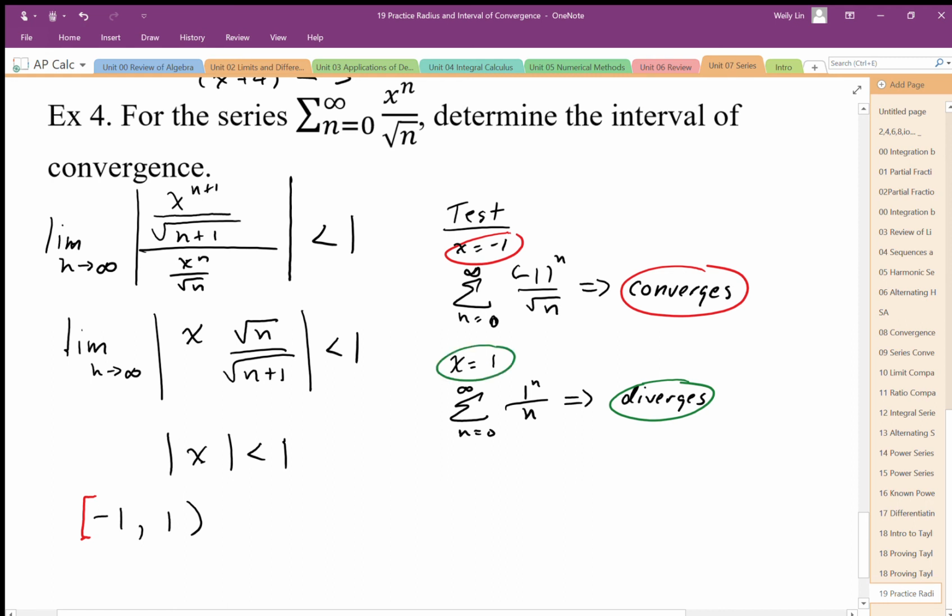So that endpoint is open. Okay, so this is my interval of convergence, half open. So I have a half open interval of convergence. Okay, so there we have it.